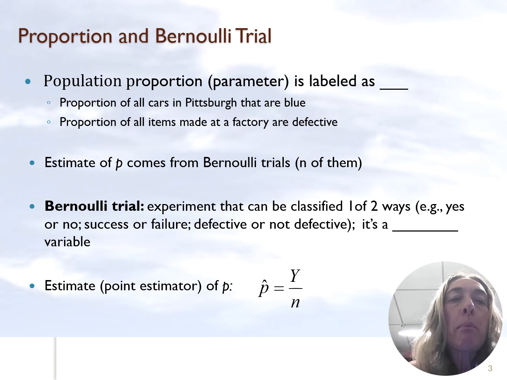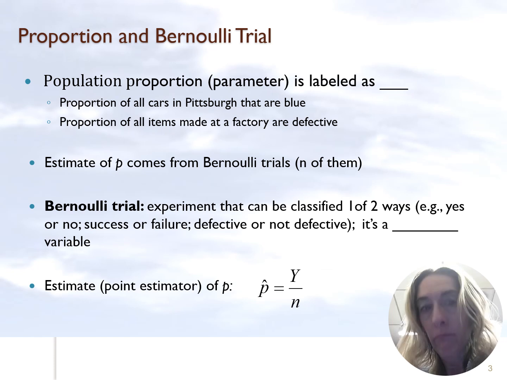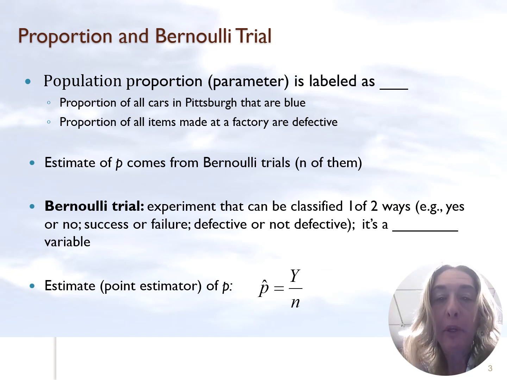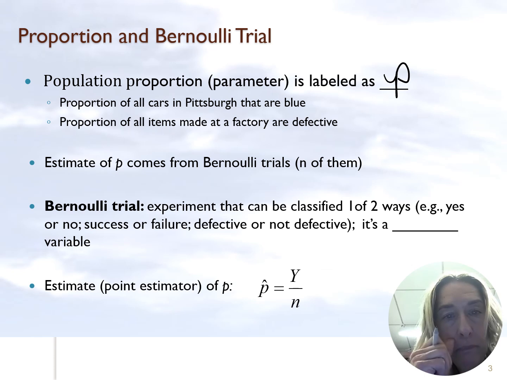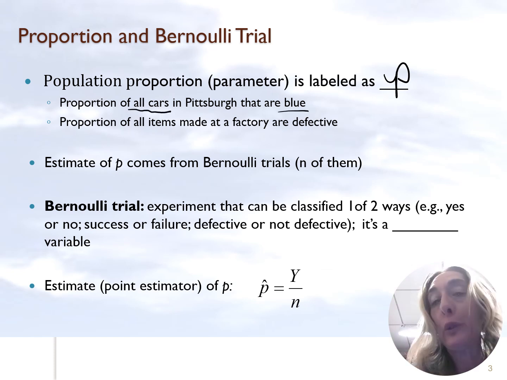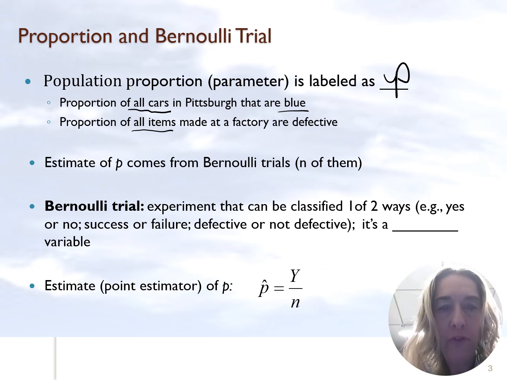Proportions and Bernoulli trials. The population proportion, which is a parameter, is labeled with the letter P. Some examples of population proportions might be the proportion of all cars in Pittsburgh that are blue, or the proportion of all items made at a factory that are defective.